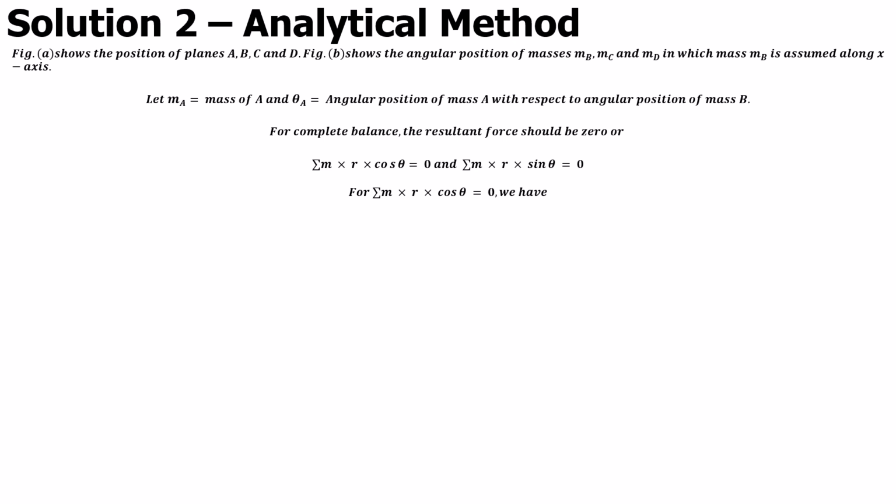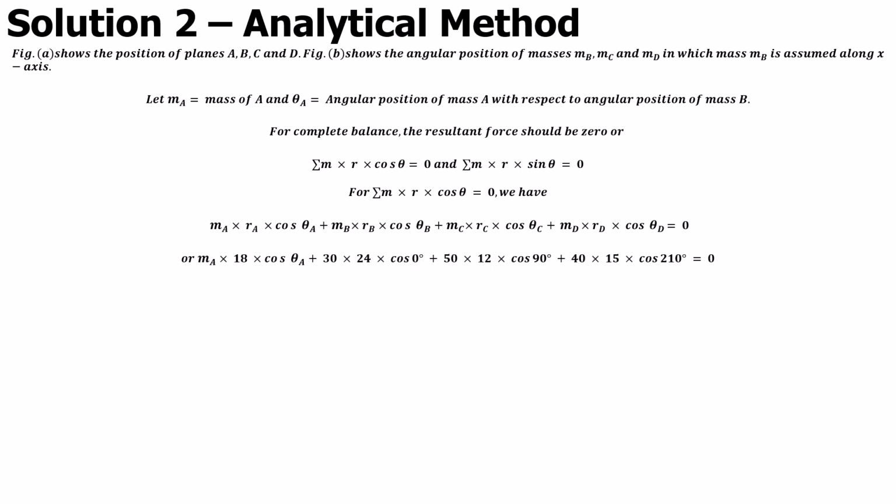So for the cosine terms, the horizontal components, we can substitute the values that we have, and when we do that, we end up having it equal to minus 200.4, which is our equation 1.